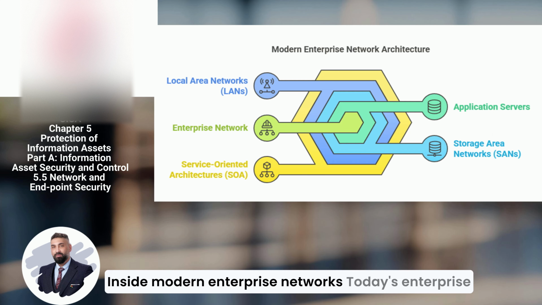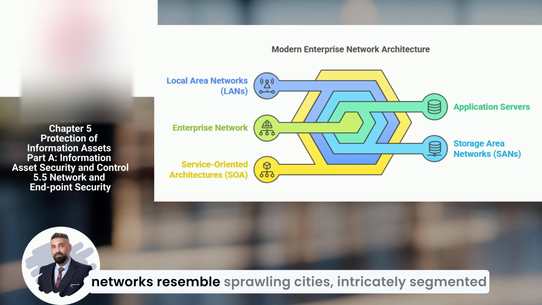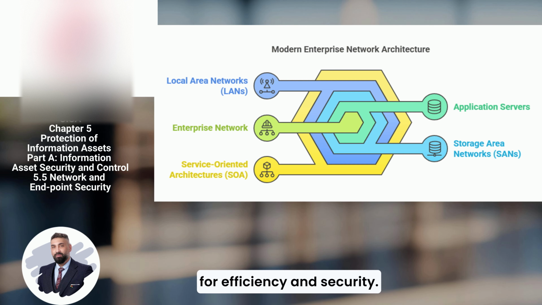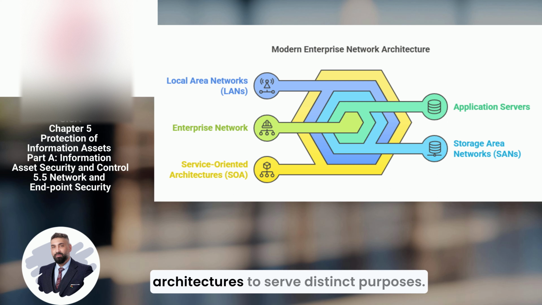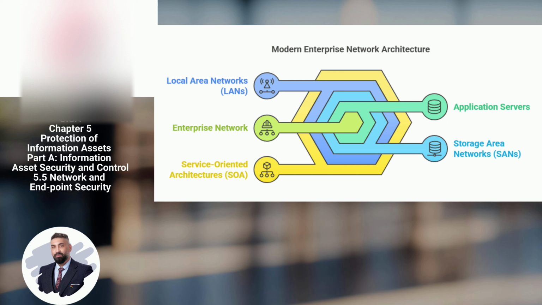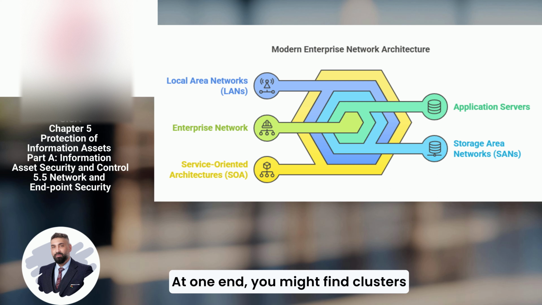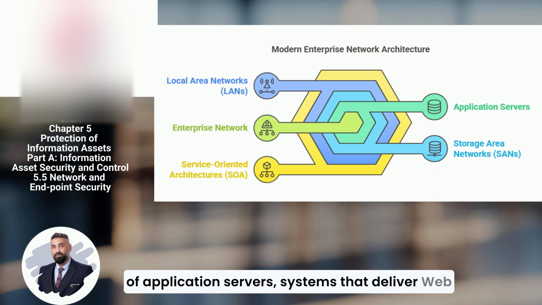Inside modern enterprise networks, today's enterprise networks resemble sprawling cities, intricately segmented for efficiency and security. These networks often adopt specialized architectures to serve distinct purposes. At one end, you might find clusters of application servers, systems that deliver web pages or run business-critical applications. At another, there could be storage area networks, SANs, dedicated to handling vast volumes of data.